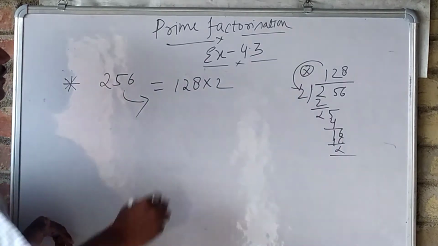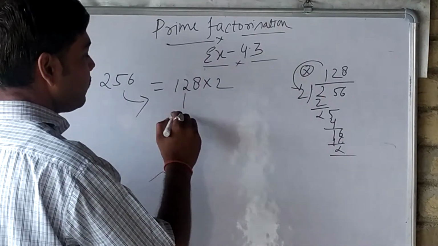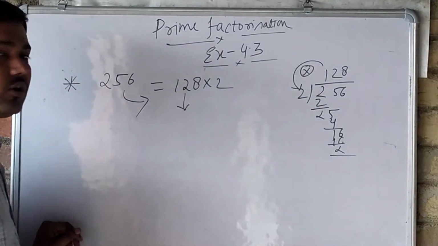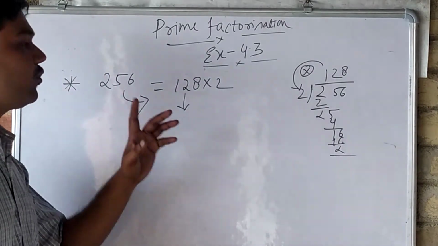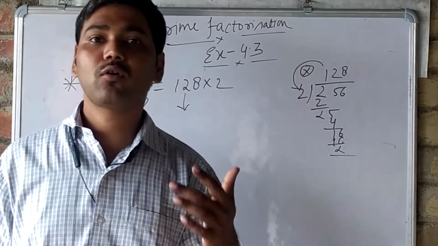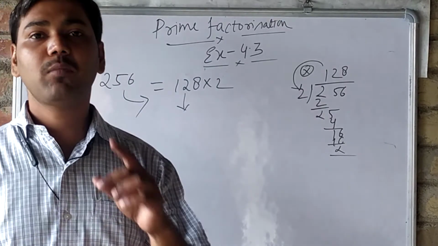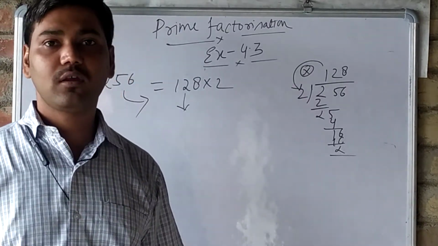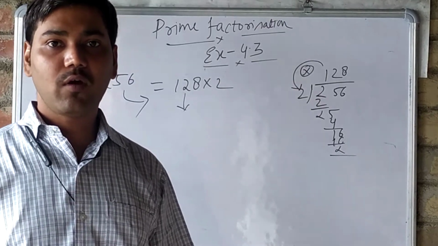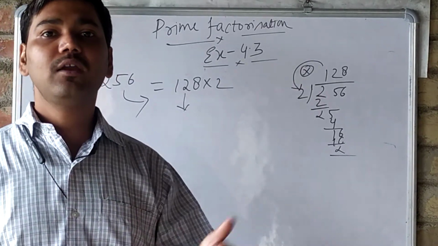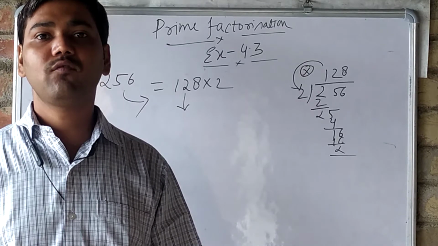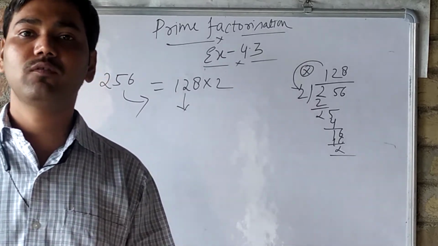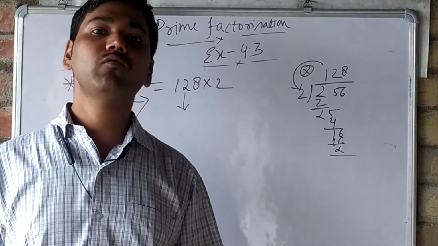So 128 will be broken into 64 into 2. Again, if you don't know which table 128 comes in, you have to divide it by 2. If it is not dividing properly by 2, try it with 3. If not with 3 also, then try it with 5. That means which values do we have to try?